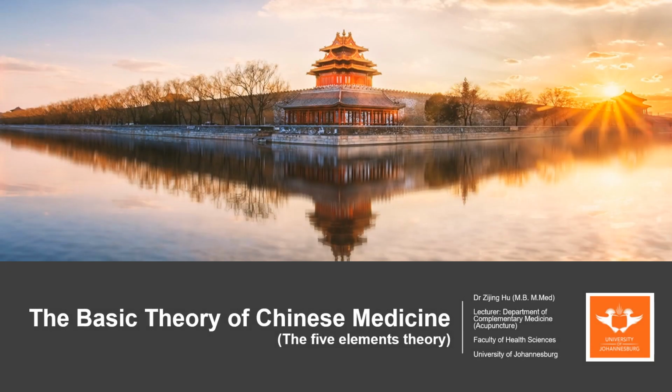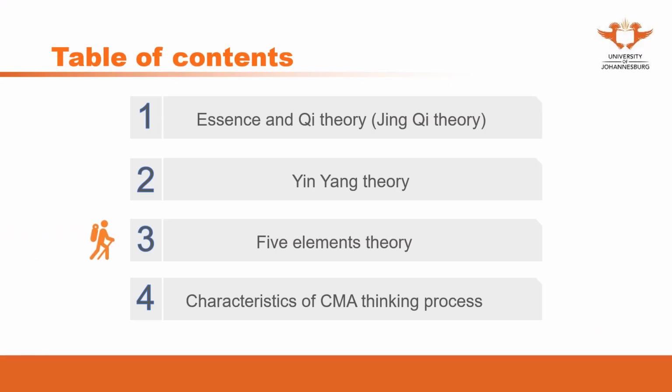Hello everyone. In this video, we are going to talk about the other theories, the five elements theories. In the philosophy in acupuncture, we mainly discuss three theories: qi theories, yin and yang theories, and then the last one is the five element theories.